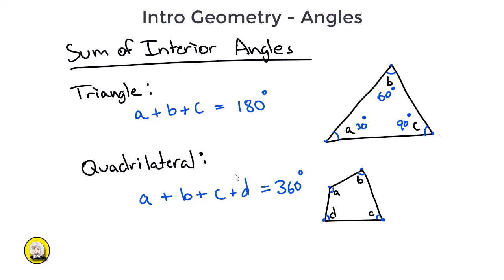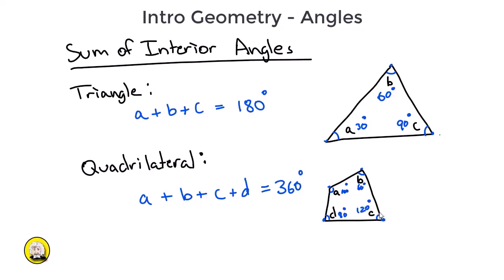And if we look at the quadrilateral, which again includes squares, rectangles, kites, rhombuses, parallelograms, etc., trapezoids, let's suppose that angle A was 100 degrees, and B is 60 degrees, and D is 80 degrees, then I know that total is 240 degrees, which means my angle C should be 120 degrees.